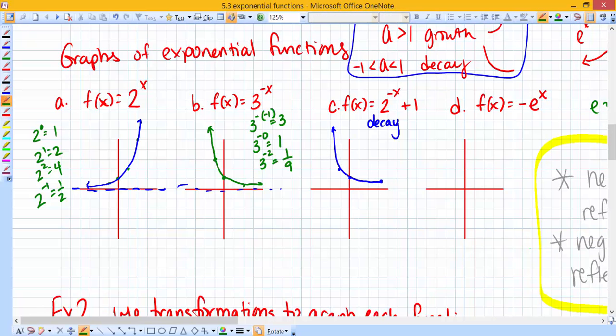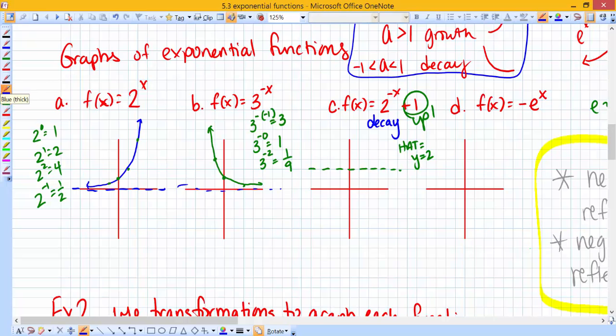But this 1 tells me I need to go up 1. So since I go up 1, my horizontal asymptote is now at y equals 2 instead of 0. So everything moves up 2. So let me draw in my horizontal asymptote.